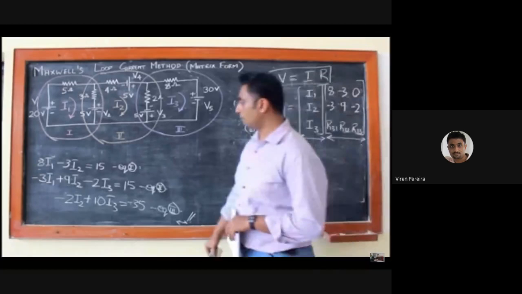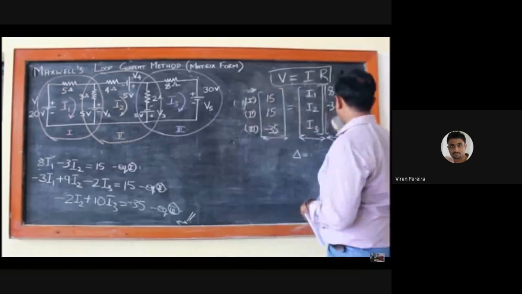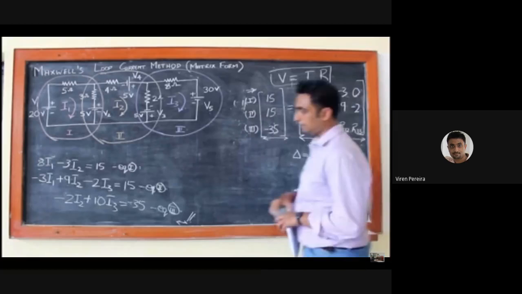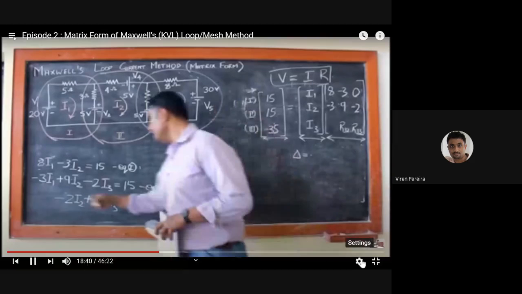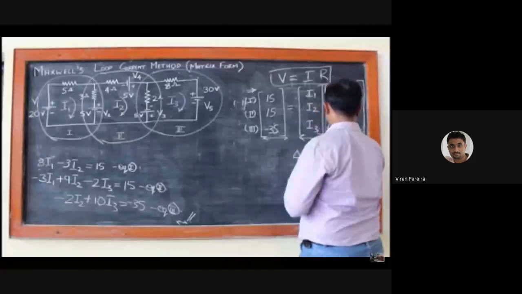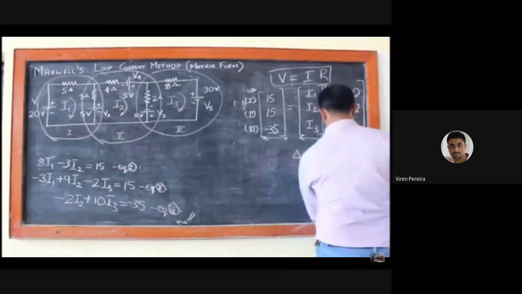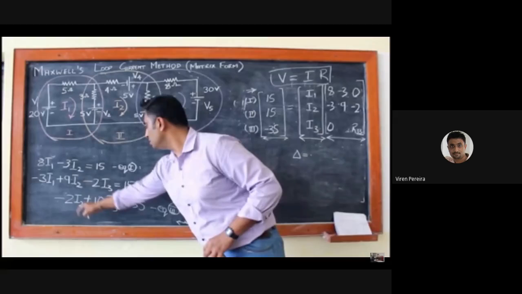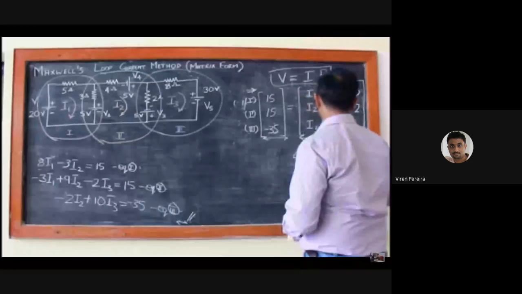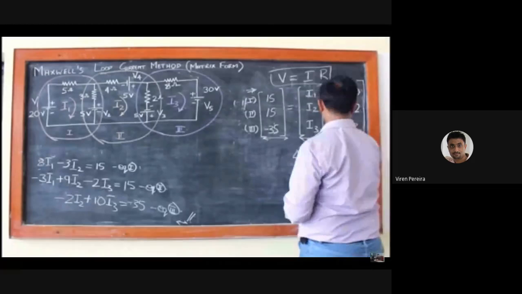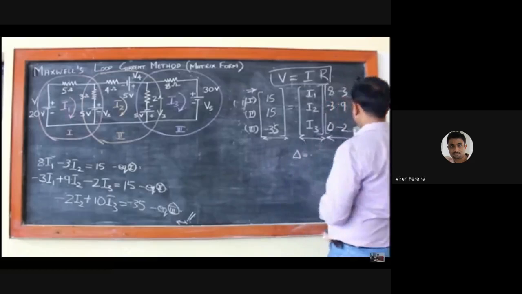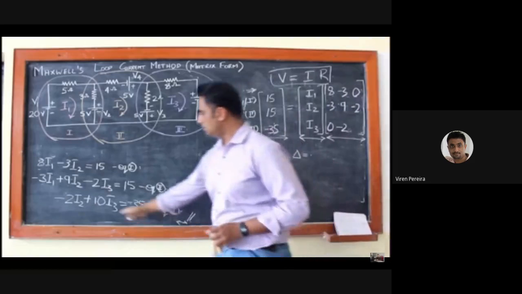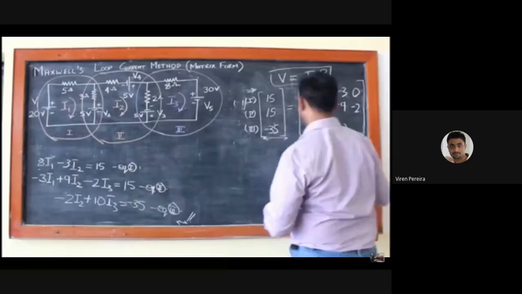In the same way for equation 3, R31, I1 is not there, so it is 0. R32, which is representing I2, will be minus 2, and R33, which is representing I3, will be 10.